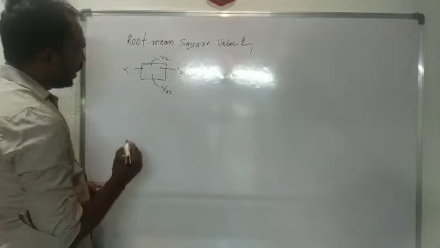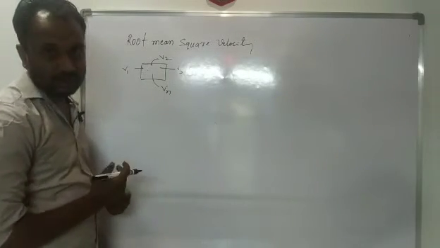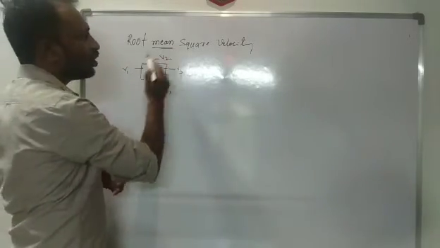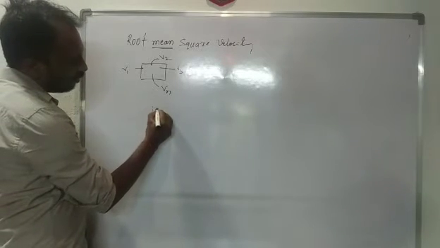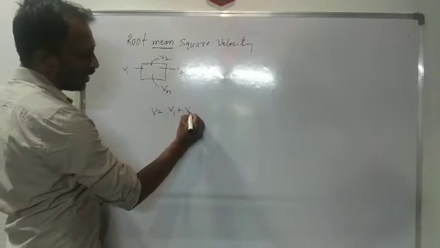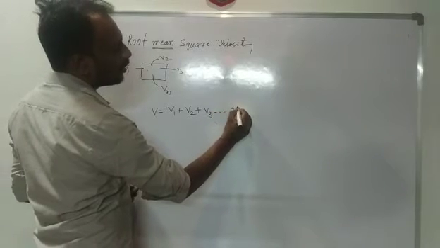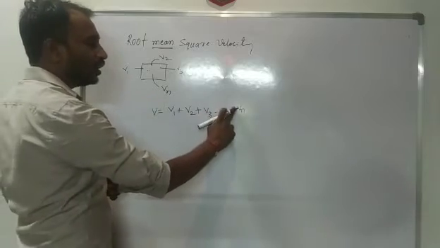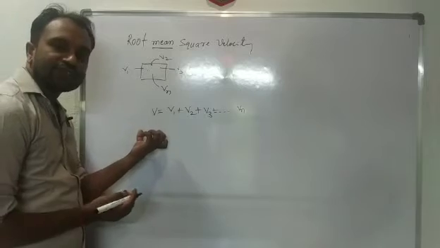Here we want to calculate the mean velocity, or average velocity. For example, the average velocity or mean velocity v is equal to the first particle velocity v1 plus second particle v2 plus third particle v3 and so on up to vn, where n is the number of particles.